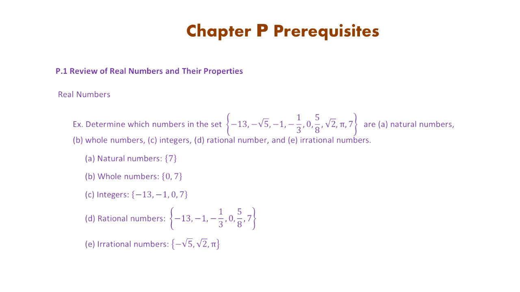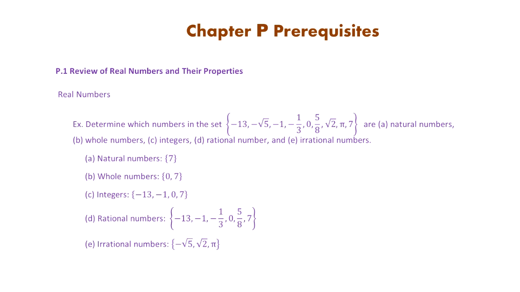We just enlarge the set gradually, step by step. And the integers, negative 13, negative 1, 0, 7, are also part of the rational numbers. It's not just the fractions, but also includes integers.